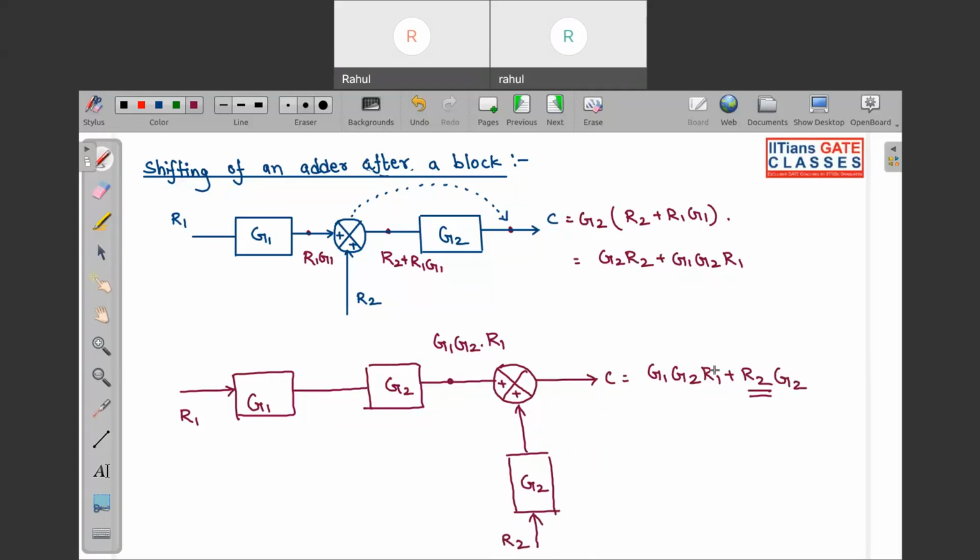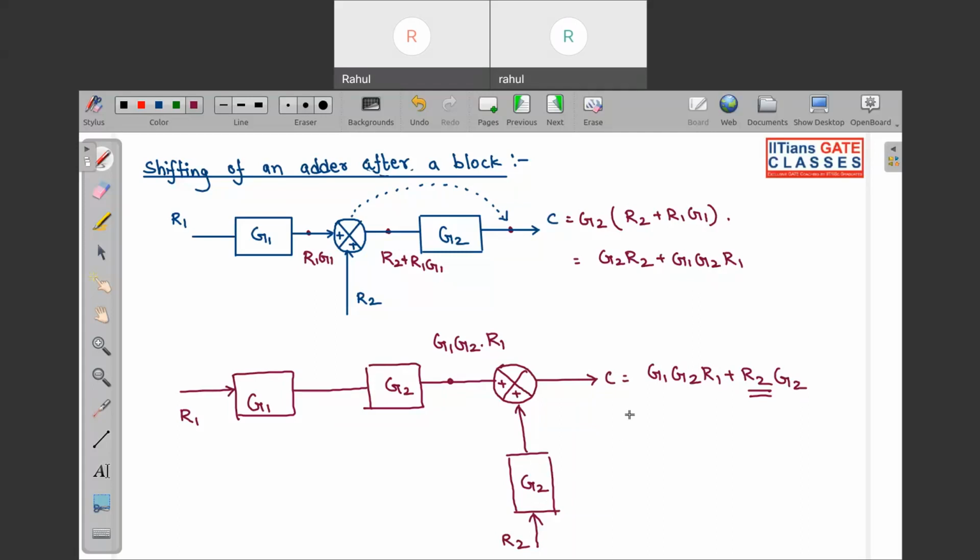So that is why we usually remember that whenever your adder goes ahead of a block, you need to multiply it with the gain of the block in the path of that adder. Okay, so that is what we are doing over here. So no need to remember anything. You can derive this concept well within a few seconds.